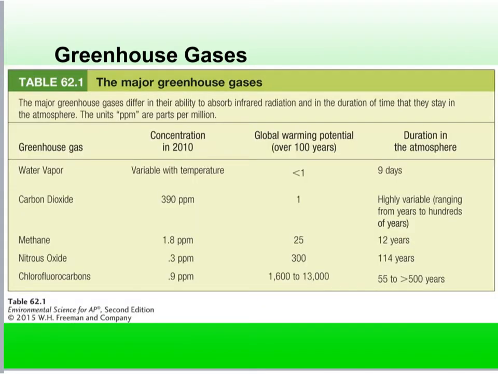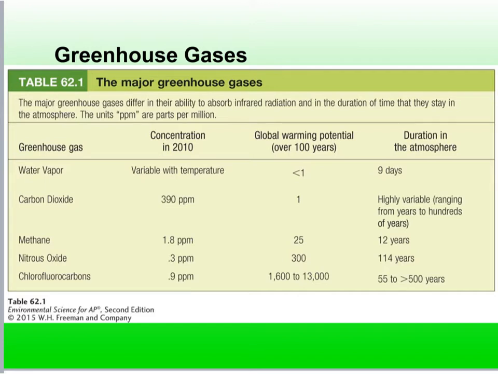This table shows the global warming potential for 5 different common greenhouse gases. Compared with carbon dioxide, the greenhouse warming potential is 25 times higher for methane, nearly 300 times higher than that of nitrous oxide, and up to 13,000 times higher for chlorofluorocarbons.